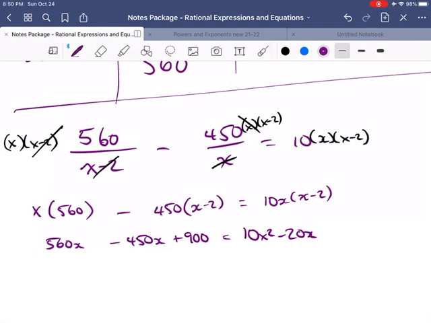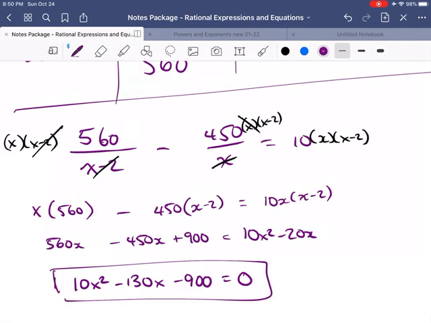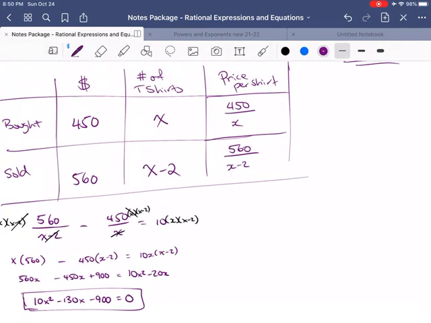If you bring everything over to one side, you are eventually going to have 10x squared minus 130x minus 900 is equal to 0. I'm not even going to bother trying to factor that. I'm going to go straight to the quadratic formula. So x is equal to negative b plus or minus the square root of b squared minus 4ac, divided by 2a.